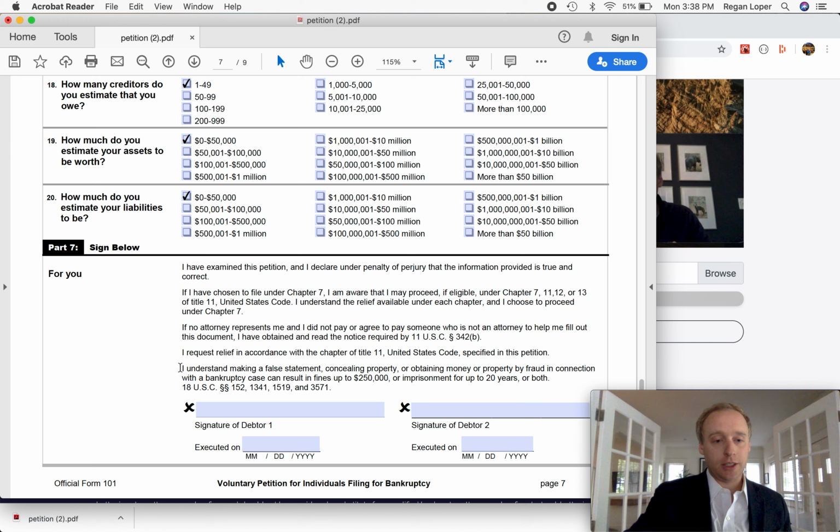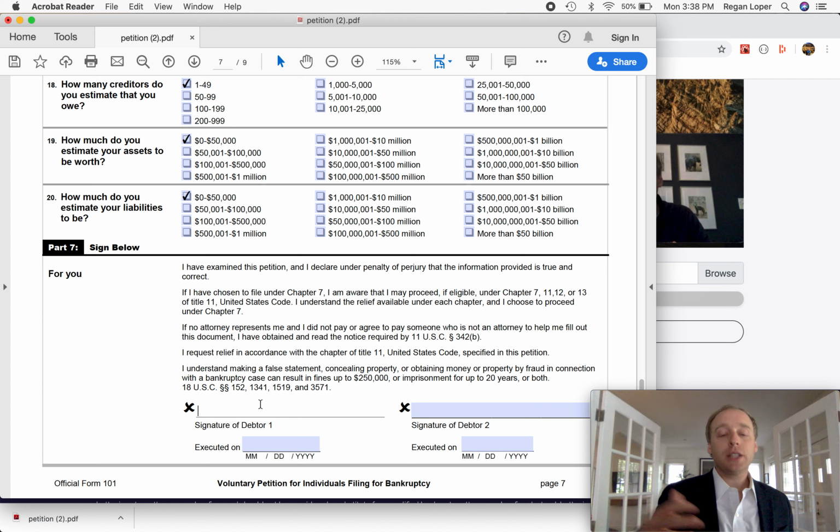And so this section at the end actually describes that more in full. I understand making a false statement, concealing property, or obtaining money or property by fraud with my bankruptcy case can result in fines up to $250,000 or imprisonment for up to 20 years or both. So you absolutely do not want to misrepresent anything. You don't want to not disclose anything. If you've got anything, assets, liabilities-wise, or creditors-wise, please tell the bankruptcy court.